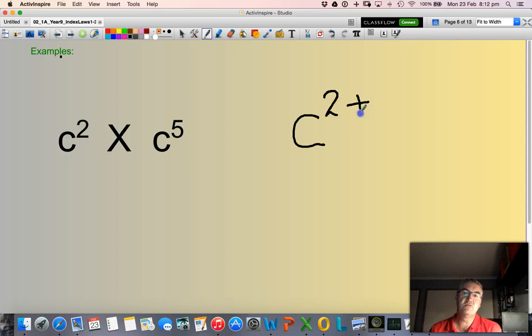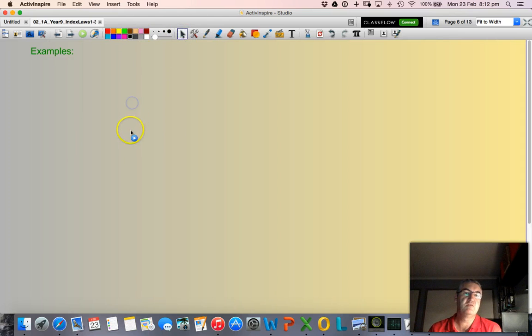I will add those because I am multiplying c squared by c to the power of 5, and the answer will become c to the power of 7. Okay, so let's clear that one, and we will move on to our next example.